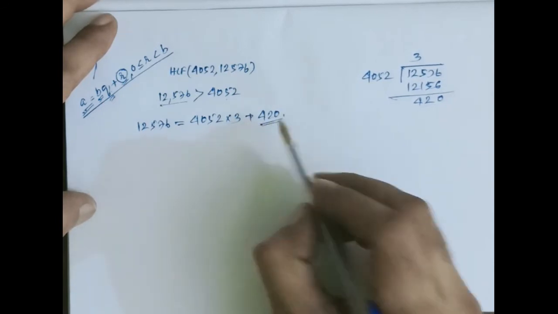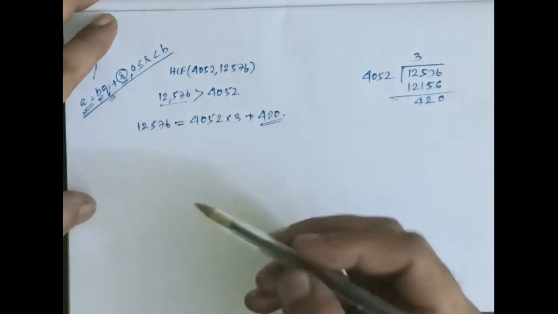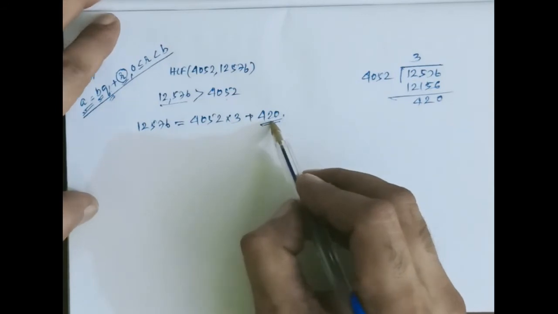Since this is not equal to 0, we will continue the procedure until we get the remainder 0.